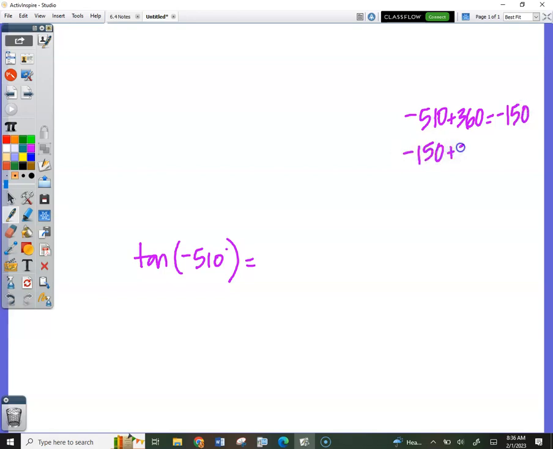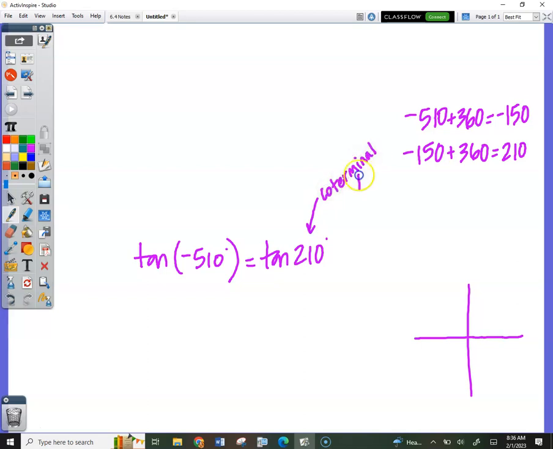I want to add another 360. 210. Okay, that's between 0 to 360. You got to imagine where that lands. Okay, so the tangent of negative 510 will be the tangent of 210. This is called a coterminal angle. Coterminal lands in the same spot.